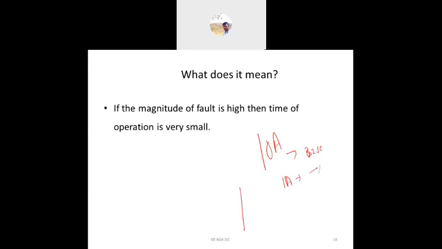That is the time lag. Because if this much fault current continuously flows and the relay operates only after 5 seconds, it will damage the equipment. So if the magnitude of the fault is high, then the time of operation is very small.